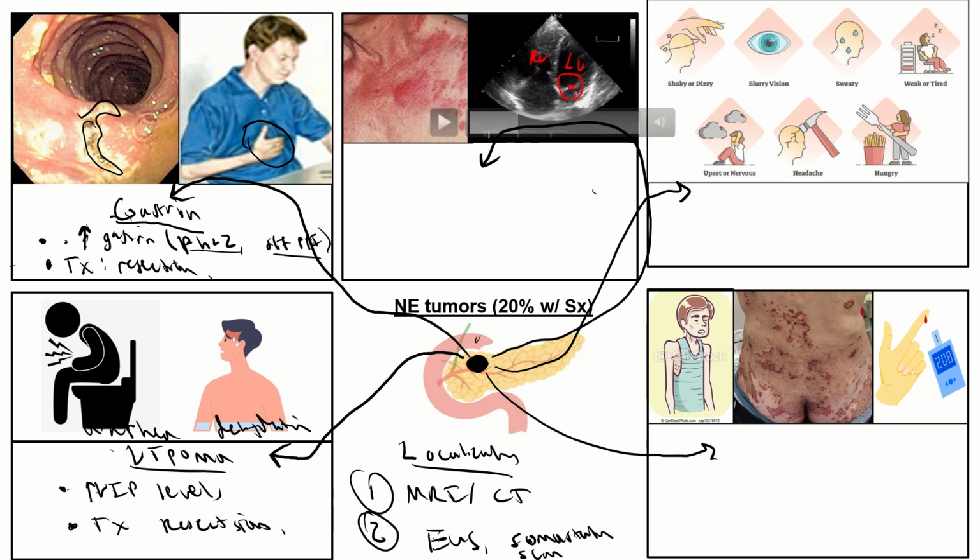See your mitral valve here, and then here you can take a look at the tricuspid valve. So there's complete retraction of that tricuspid valve, secondary to increased serotonin levels causing fibrosis.